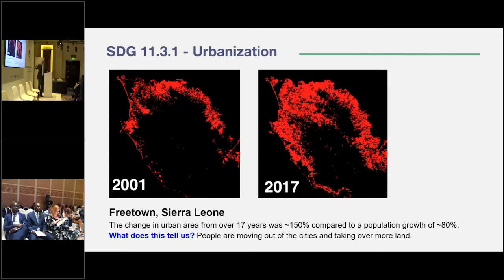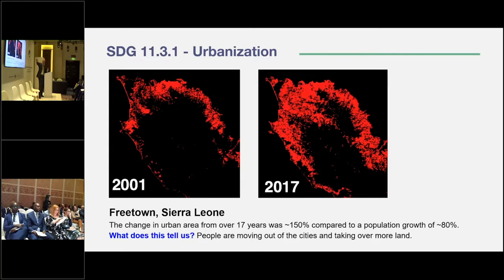So here's what's interesting. The punchline at the bottom is, what is this telling us? If I look at this change in urbanization, this area grew 150% in the area that was urbanized, yet the population only grew 80% in the same time period. What it means is people are moving out of the cities and overtaking more land and spreading out rapidly.